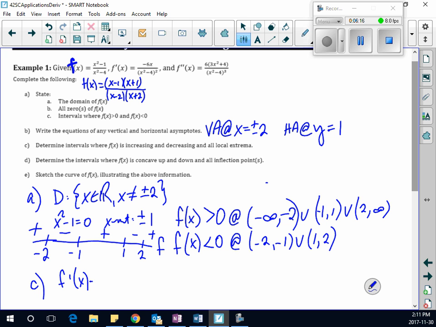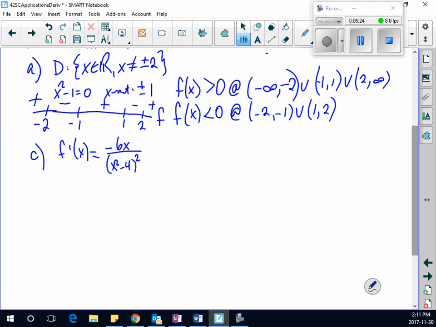I'm going to write it out further down. f prime of x equals -6x over x squared minus 4, the whole thing squared. To figure out if it's increasing or decreasing, first I need to find the critical values. Who can tell me what the criticals are? x equals 0 and plus or minus 2.